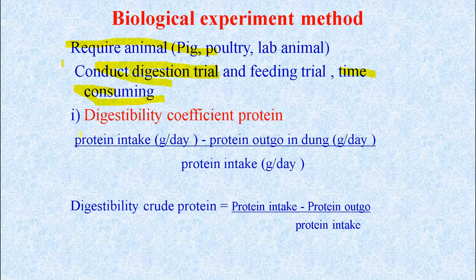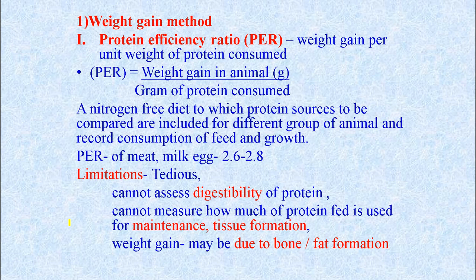The protein intake, how much protein is taken in by the animal, is also measured in grams per day. Later, what happens? Digestible crude protein is calculated by this particular formula: the protein intake minus the protein outgo, divided by the protein intake. So this gives the digestibility of the crude protein.